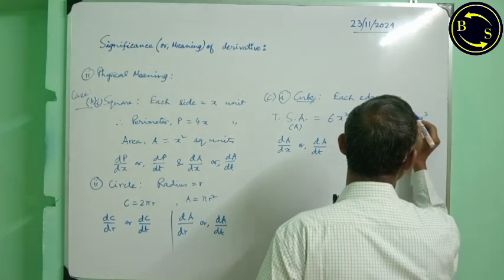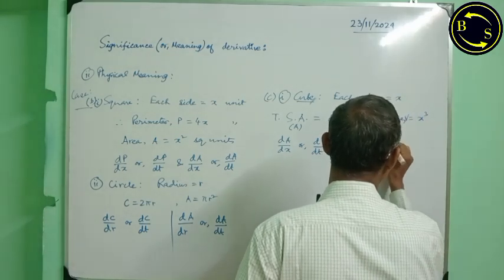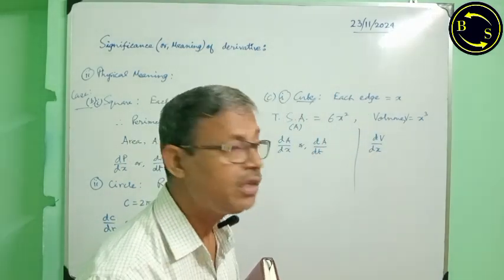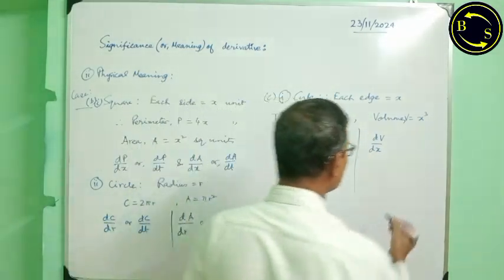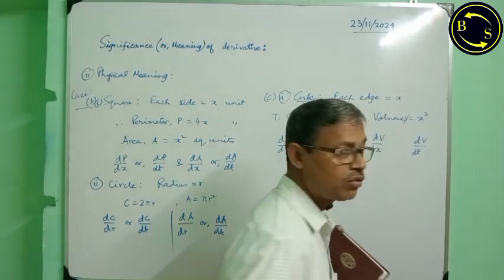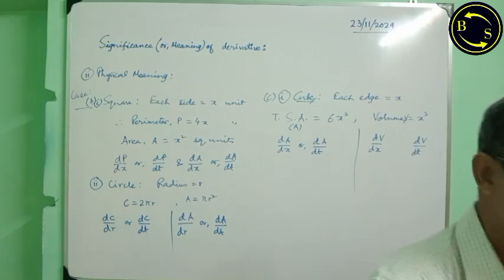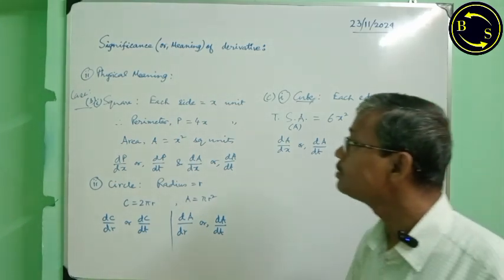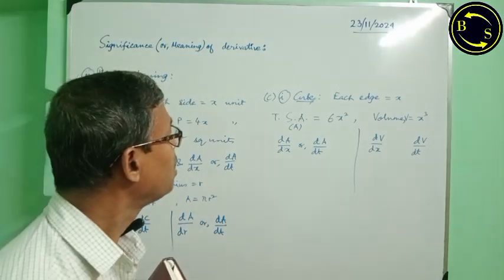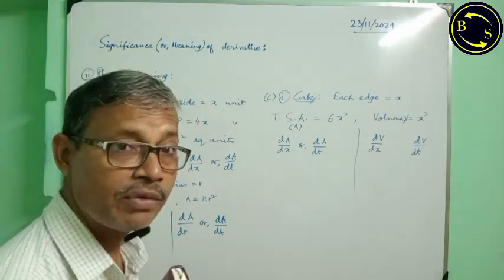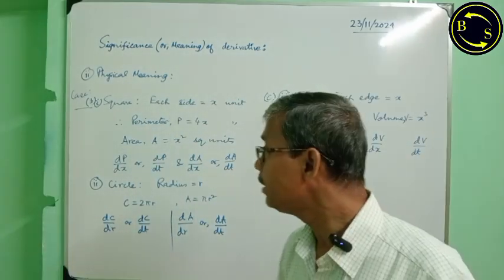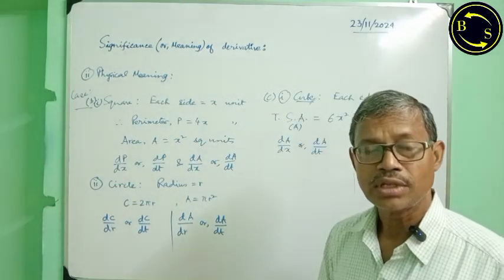Volume is denoted by the symbol V. Then dV dx, rate of change of volume with respect to its edge, or dV dt with respect to time t. Also, in many cases we use derivative of given function. Now this will be very much clear if we consider few examples.